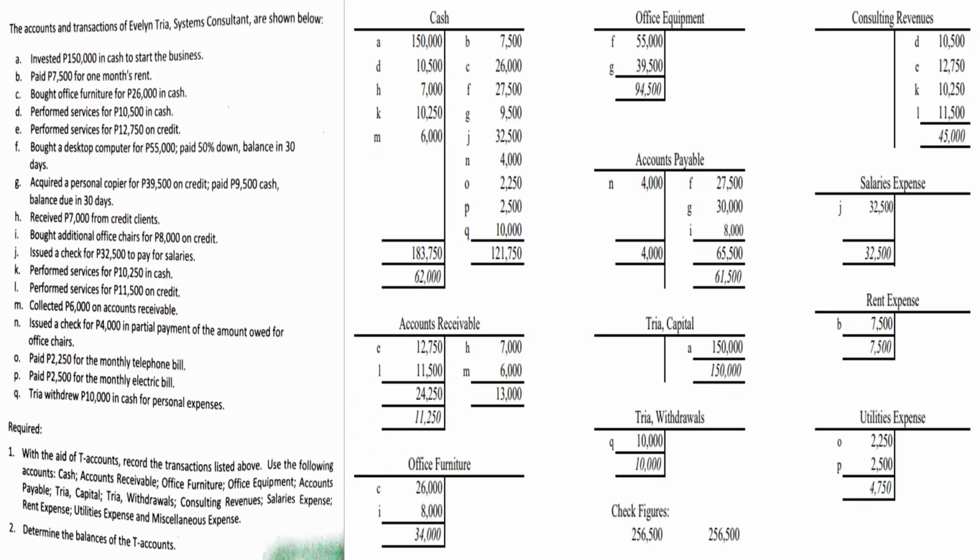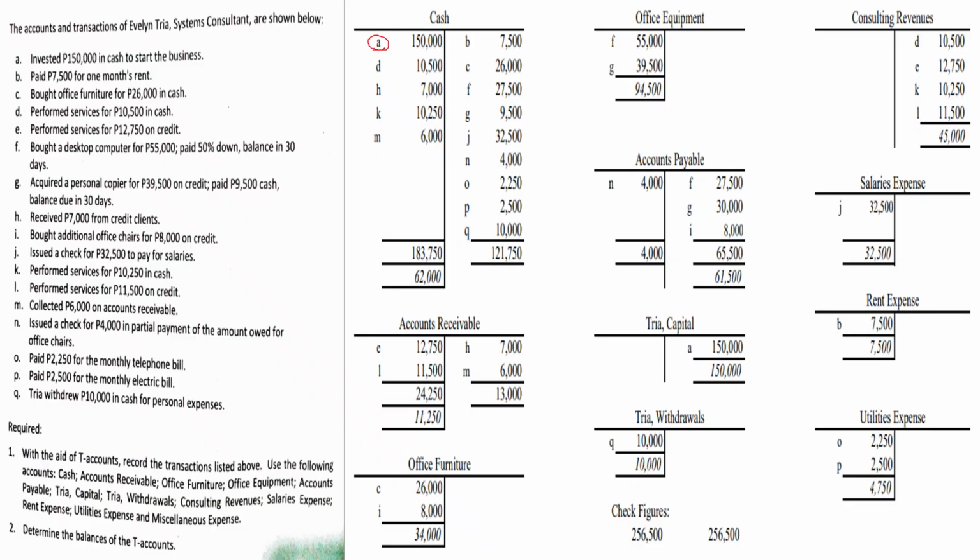Okay. We have Evelyn Tria. First transaction is invested 150,000 cash to the business. So we know that if there's investment in the business, cash will increase, right? So we place the increase in cash in the debit.